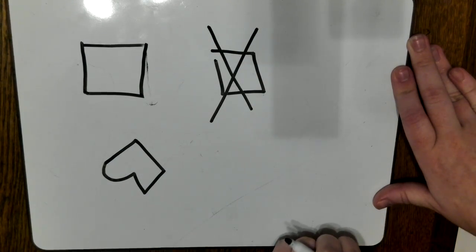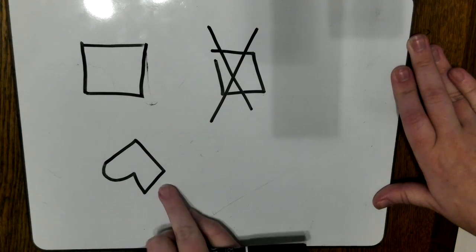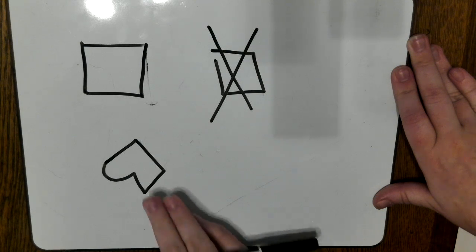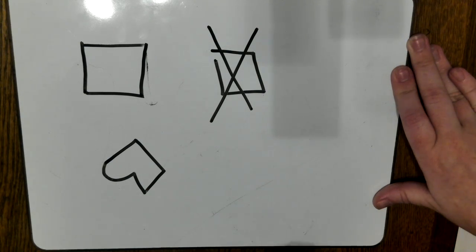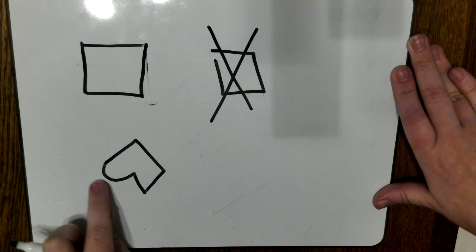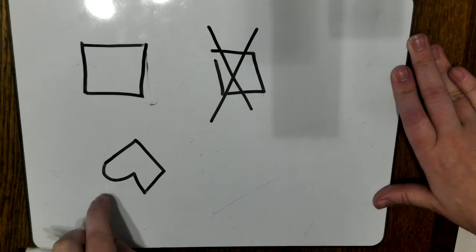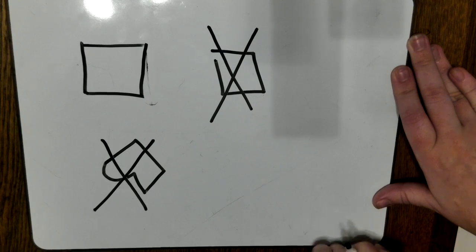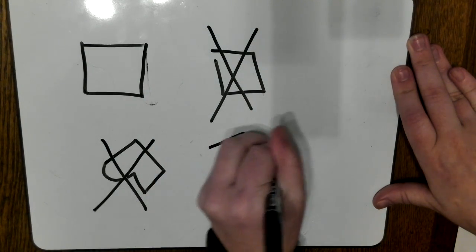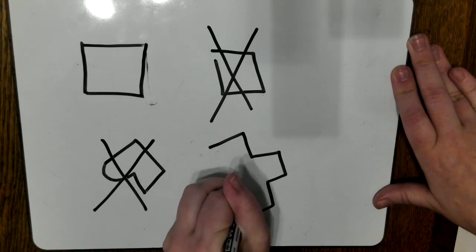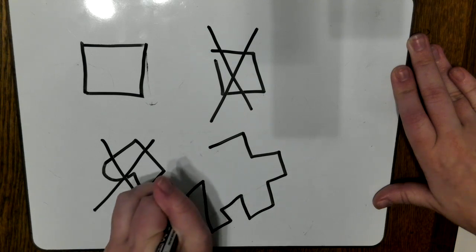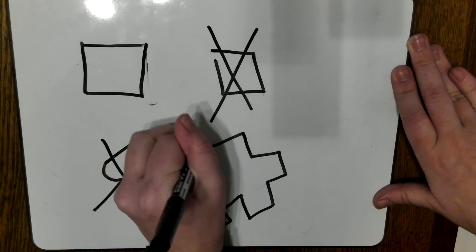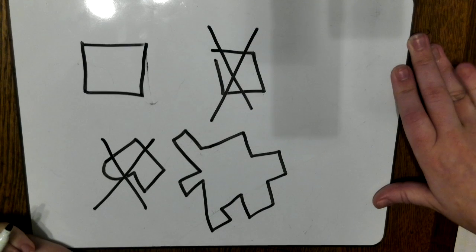What about this? It's flat, it's closed, but it's not a polygon because all the sides are not straight. We'll do one more. What about this?